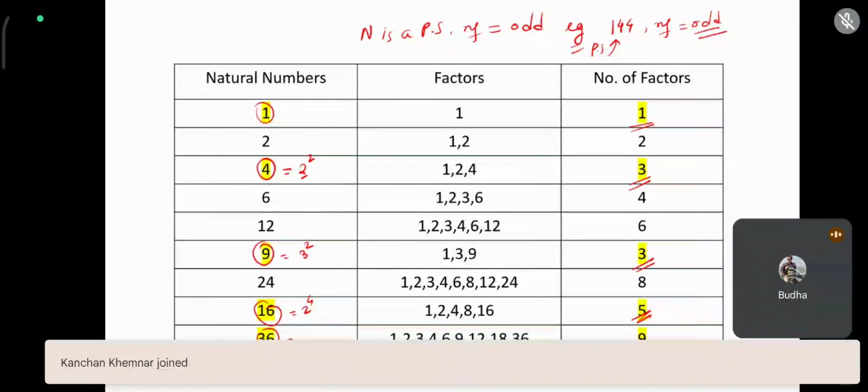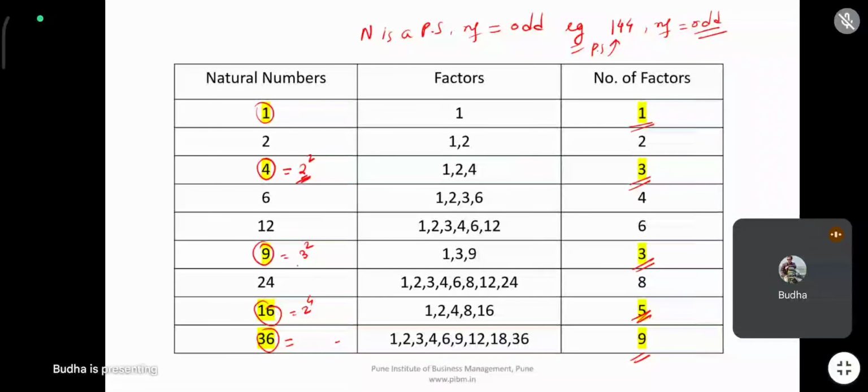We are concerned only with one type of prime number, like 2 square, 3 square, 2 raised to power 4. Look at their number of factors. Do you see one similarity? It's a prime number. Understood what I'm trying to say?